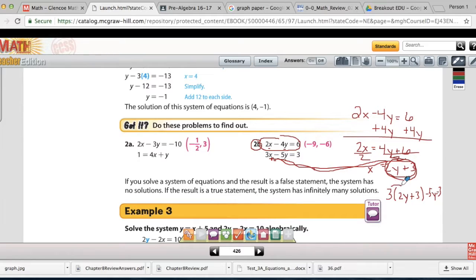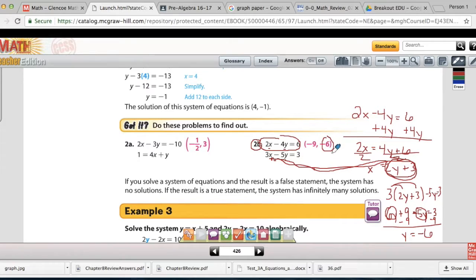Now I'm going to distribute and get 6y plus 9 minus 5y equals 3. If I subtract 9 from both sides and combine 6y minus 5y, I get y is equal to negative 6.